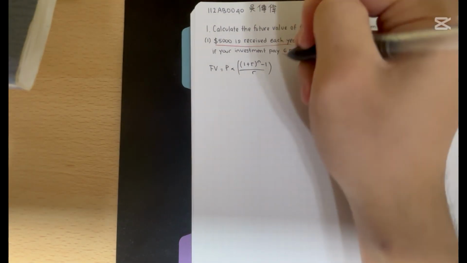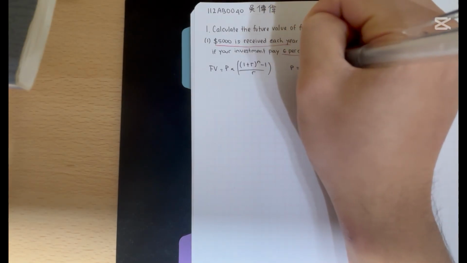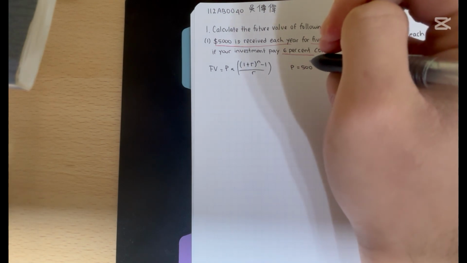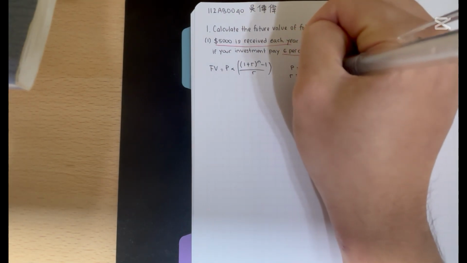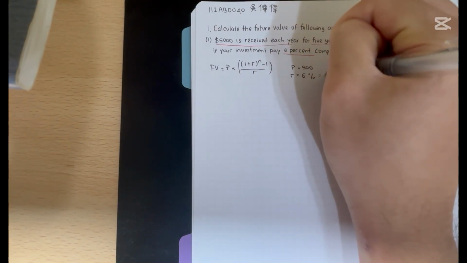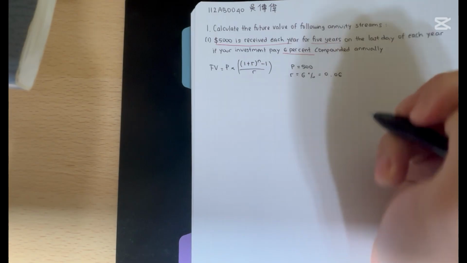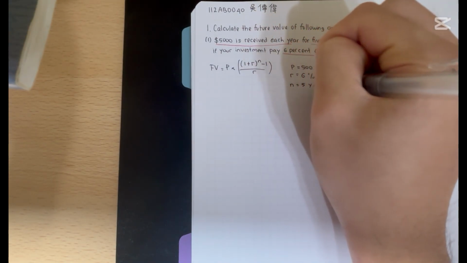So we know our annual payment is 5,000. Then our annual interest rate R is 6%, or 0.06. Then the number of years is 5.